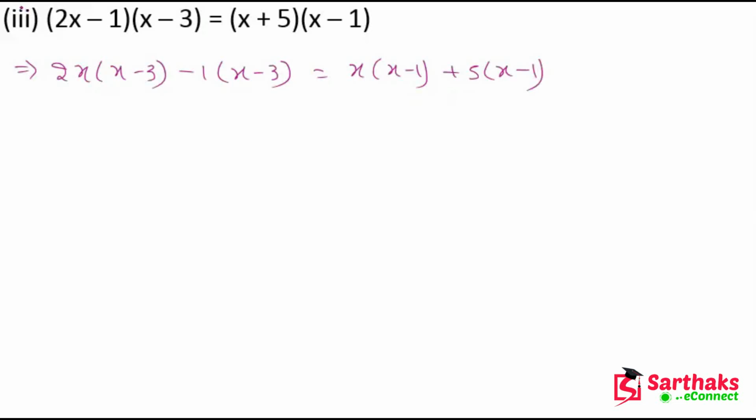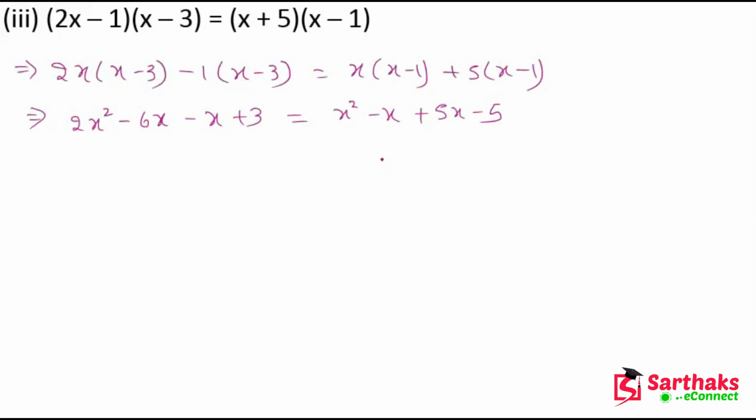Now if we solve this expression we get 2x square minus 6x, because 2x into 3 is 6x. Here is minus x plus 3, the sign will be changed, is equal to x square minus x plus 5x minus 5.